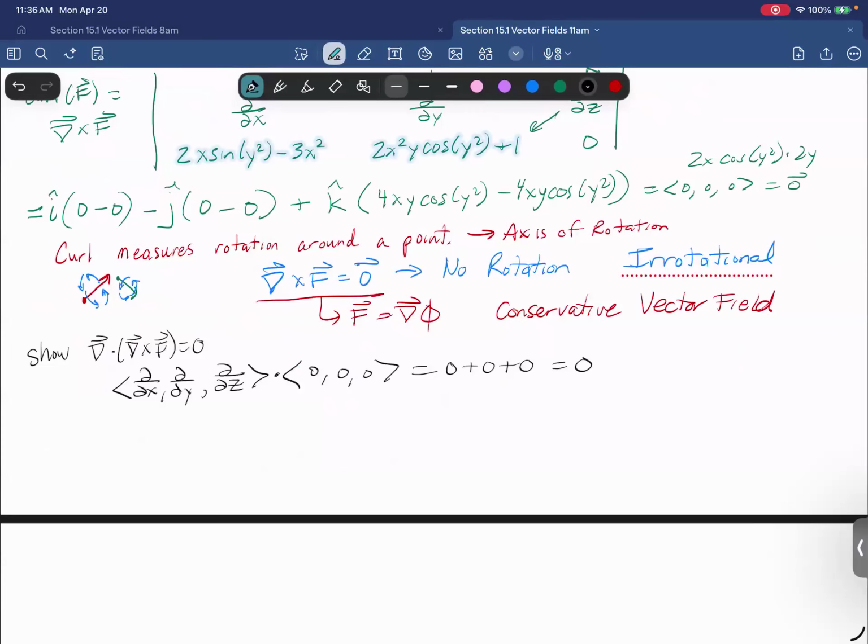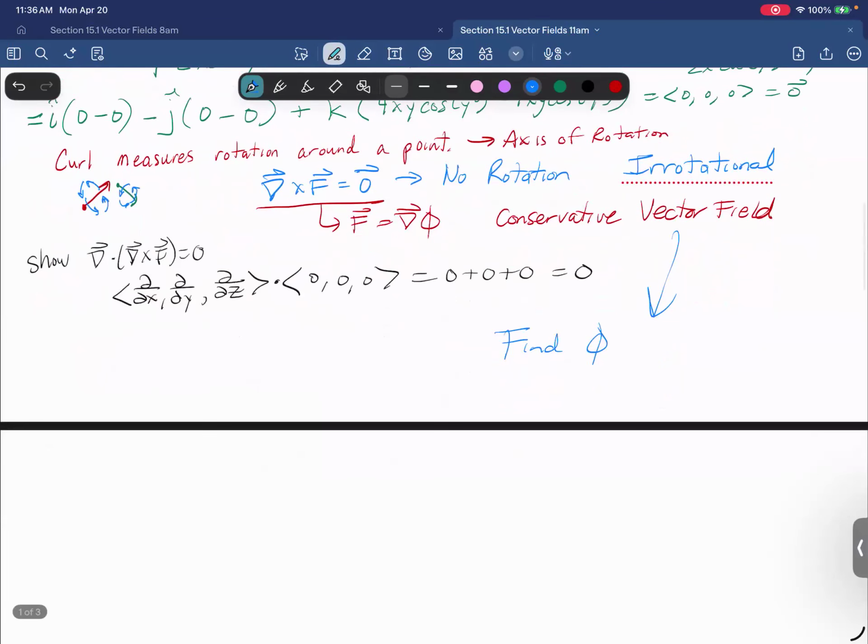All right, we did show that this was a conservative vector field. So our next step is to find the potential function. The easiest way of doing this is to write out what this means.